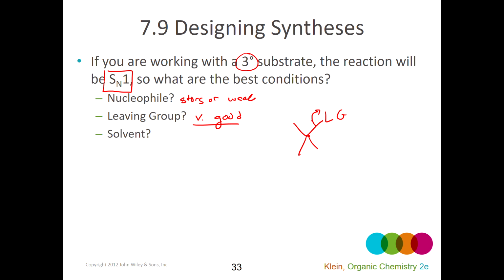And to facilitate the loss of the leaving group and stabilize the charges that result as it's leaving, I want to use a polar protic solvent. I want the solvent to have large partial positives to stabilize the partial negative that forms on the leaving group and help it leave. And that will facilitate the SN1 mechanism that I expect to occur on a tertiary substrate.